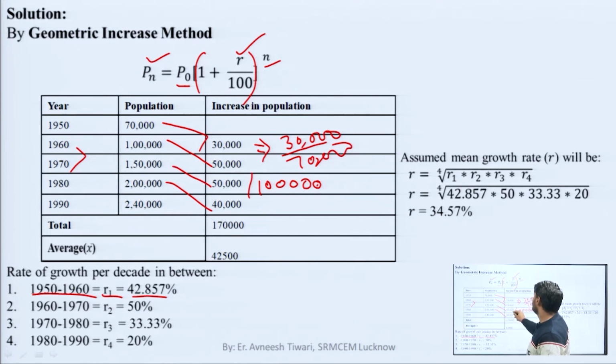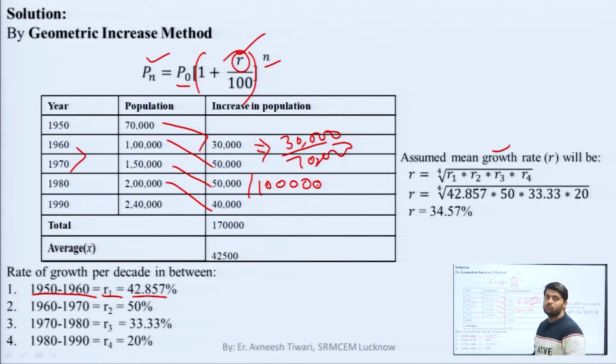We have to simply divide it and we will get the percentage of how much increase exists there, and at last we will calculate how much population increase happens from 1980 to 1990. Okay, so coming to next part, what we need to estimate is the assumed mean growth rate.